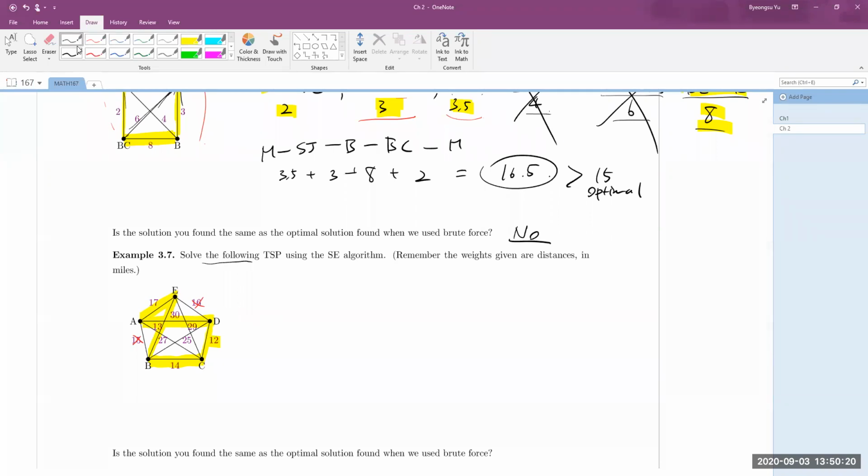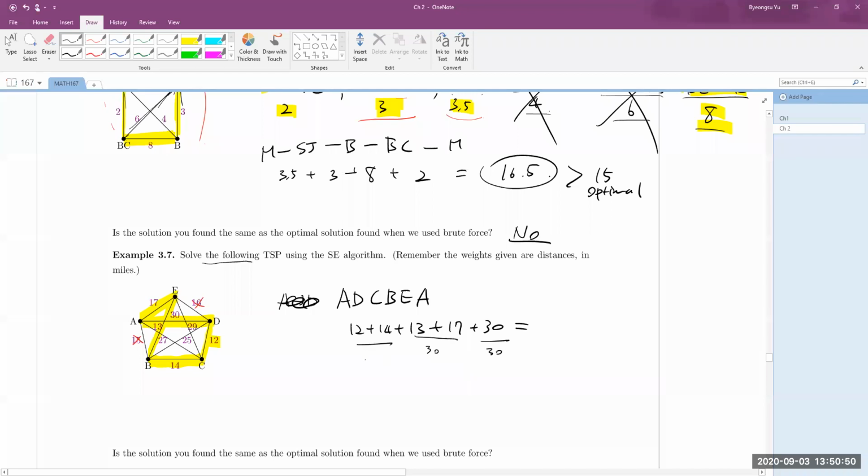So what we have from the sorted edge algorithm is A D C E A, and its length is 12 plus 14 plus 13 plus 17 plus 30, which is 30, 30, 26, so it is 86.